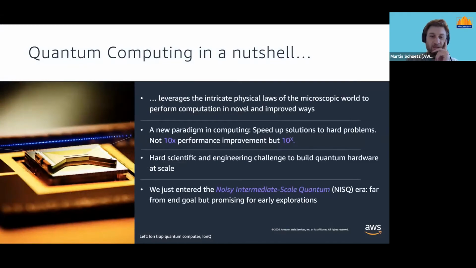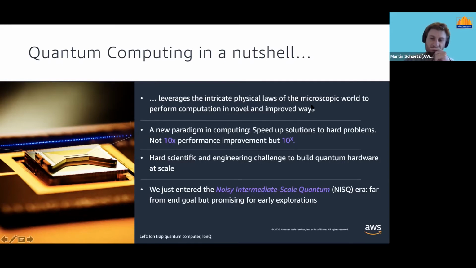And I'd like to kick this off with an executive summary on quantum computing. So really, what is quantum computing in a nutshell? Quantum computing leverages the intricate and bizarre physical laws of the microscopic world to perform computations in novel and improved ways.